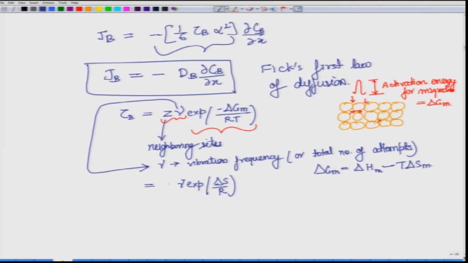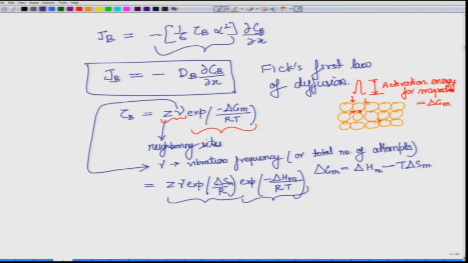This is Z. So, this is the thermal component, and this whole part is the athermal component, meaning it does not get influenced by temperature.